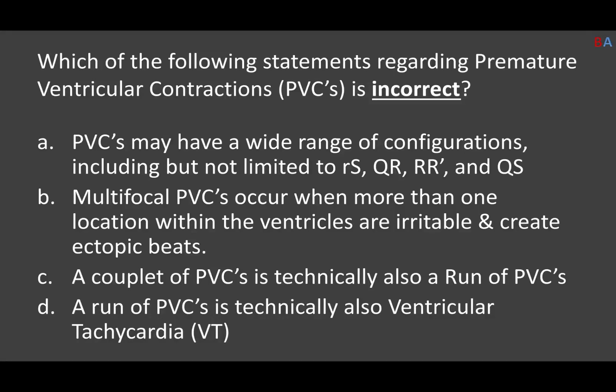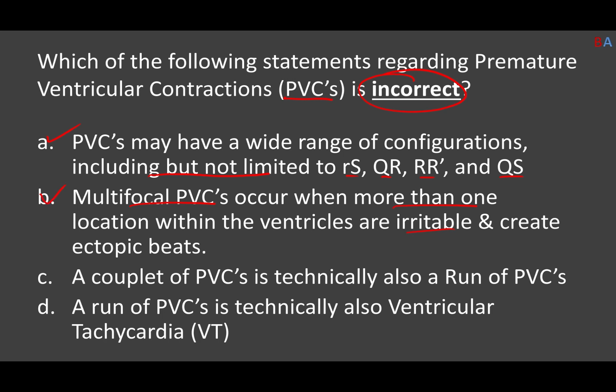Which of the following statements regarding premature ventricular contractions, PVCs, is incorrect? So which of these is not true? PVCs may have a wide range of configurations, including but not limited to RS, capital Q, R, RR prime, QS. Well, that's actually very true, so we can take that one off the list. Multifocal PVCs occur when more than one location within the ventricles are irritable and creates ectopic beats.